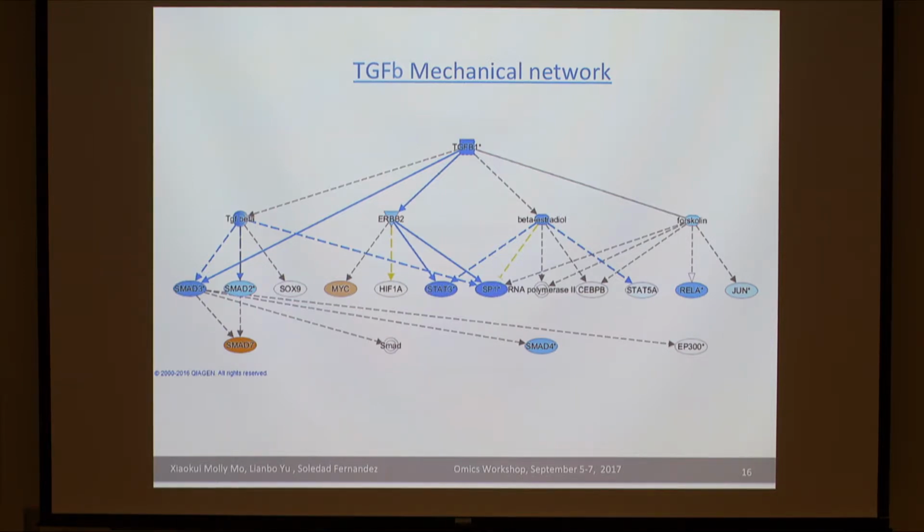Again, the genes having color are in your data set. You can see TGF-beta can directly activate or regulate the molecule, or indirectly through other molecules. In this example, it's ERB. I think this is HER2. We talked about it a lot in earlier lectures. And this is beta estrogen.